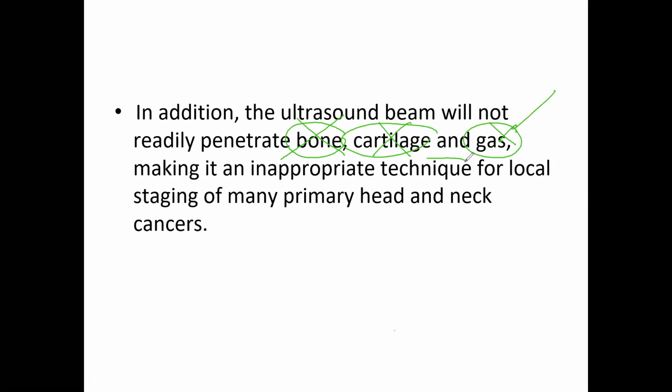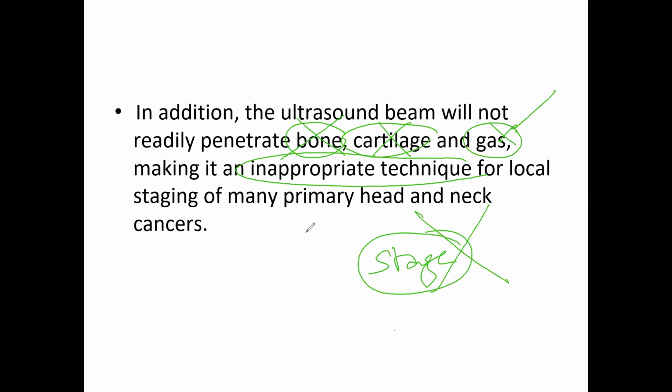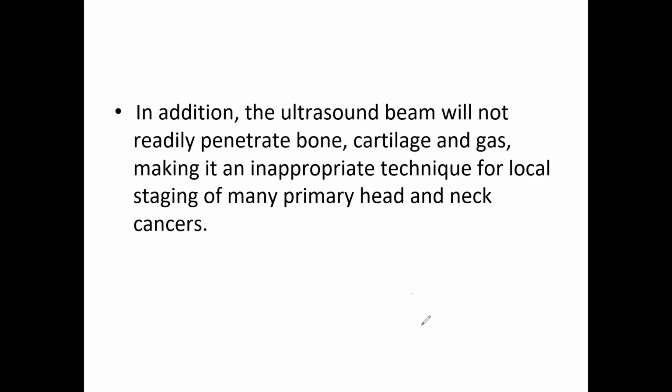So it is an inappropriate technique for local staging of many primary head and neck cancers. You cannot stage with ultrasound. You can only see things. Staging cannot be done with ultrasound because bone, cartilage and gas are not at all helpful. So when it is so, how can we stage all the things? You should keep in mind that it is not very helpful, but it is helpful for some amount of superficial structures notification.